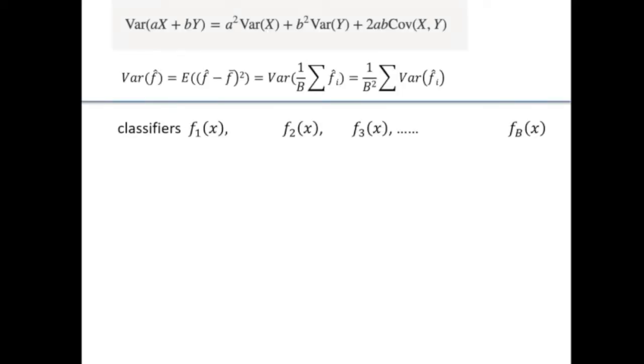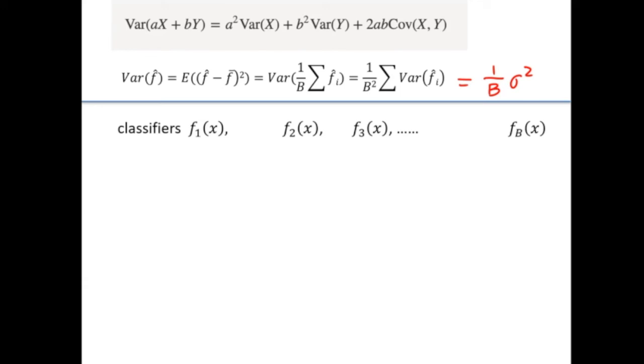I actually proved it, right? It's very easy to prove: it is 1 over B sigma squared. Because the correlations are 0, the scalar becomes squared since every term shares the same scalar, 1 over B. Then you have a quadratic scalar 1 over B, and each base classifier has variance sigma squared.